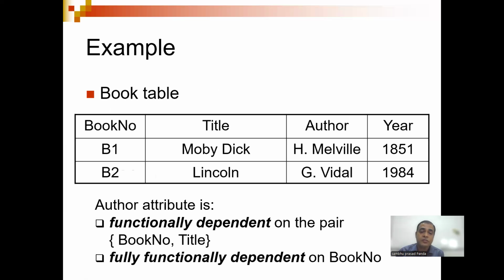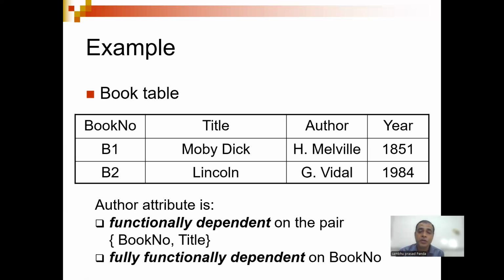This is the book table: book number, title, author, year. These are the rows, and the values are there also. The author attribute is functionally dependent on the pair book number, title. Why? Because it is producing a unique value. Then it is fully functionally dependent on book number.